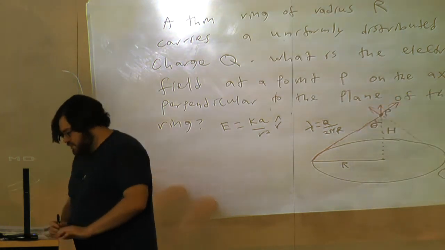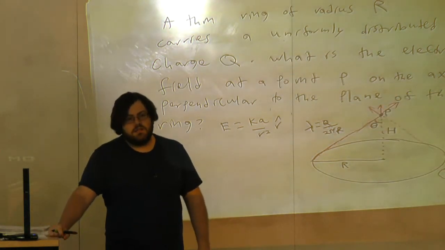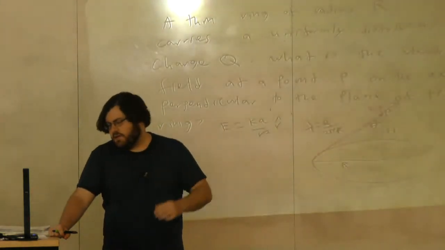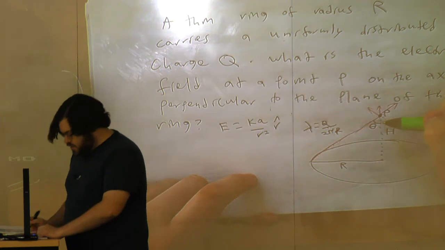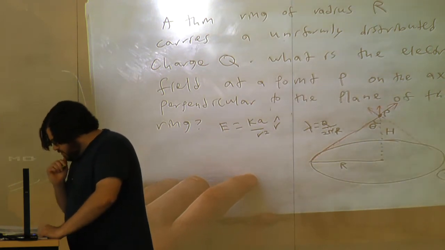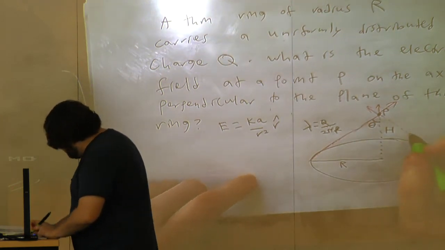We don't actually know what the angle is, but if we know the position of P and we know the radius, we can find the angle.